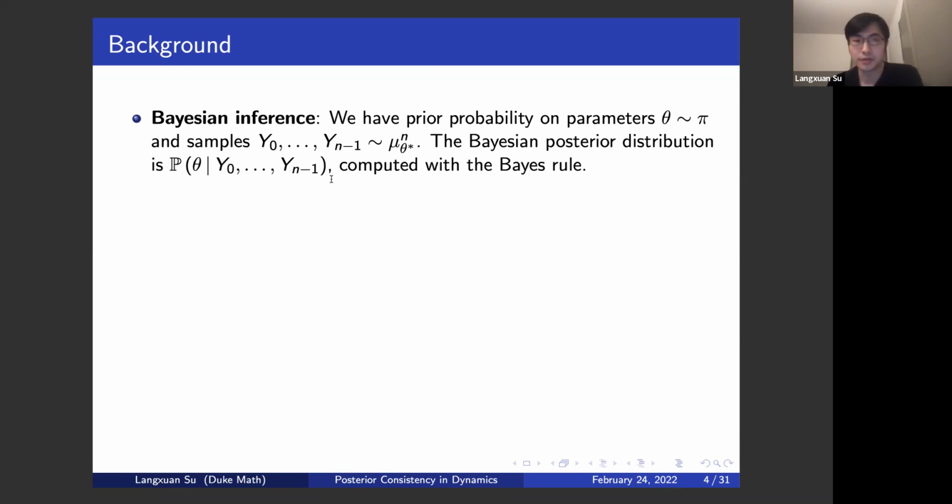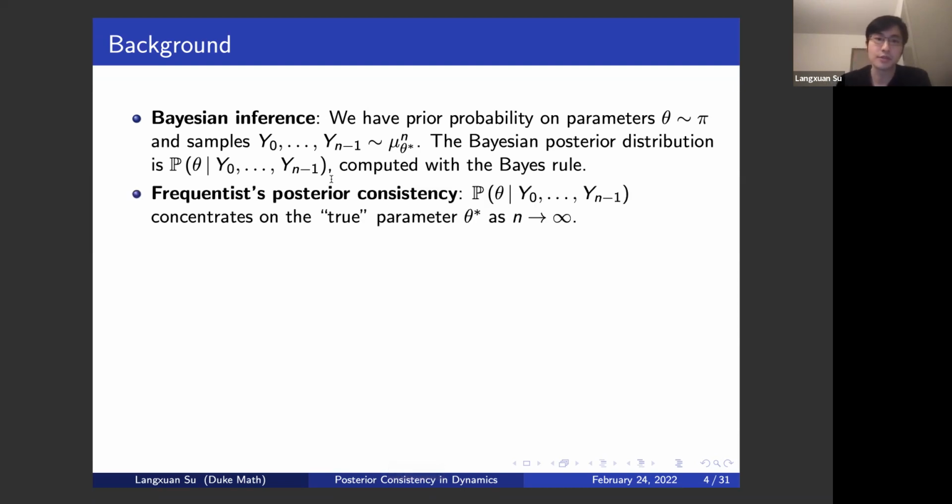And so there's a problem called frequentist posterior consistency, which basically asks how do you justify this Bayesian procedure? Is this posterior really a good one? In other words, as you observe more and more samples, does this posterior distribution concentrate on maybe the true parameters? This is called posterior consistency.